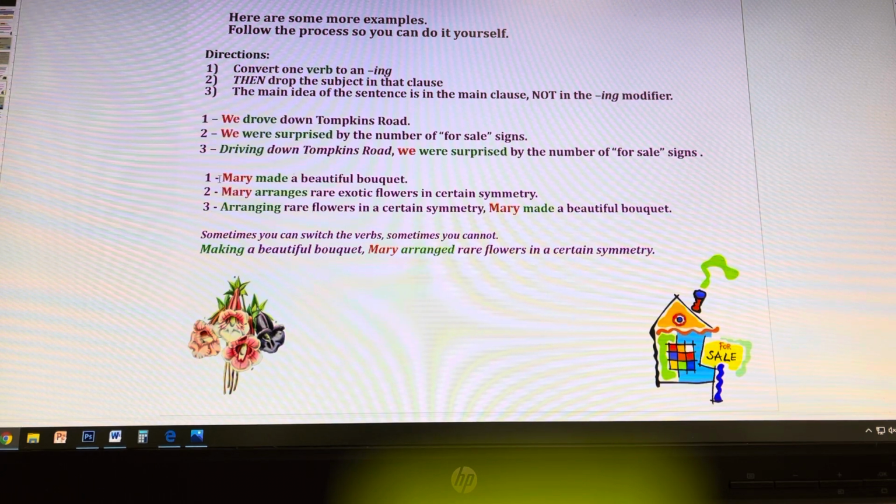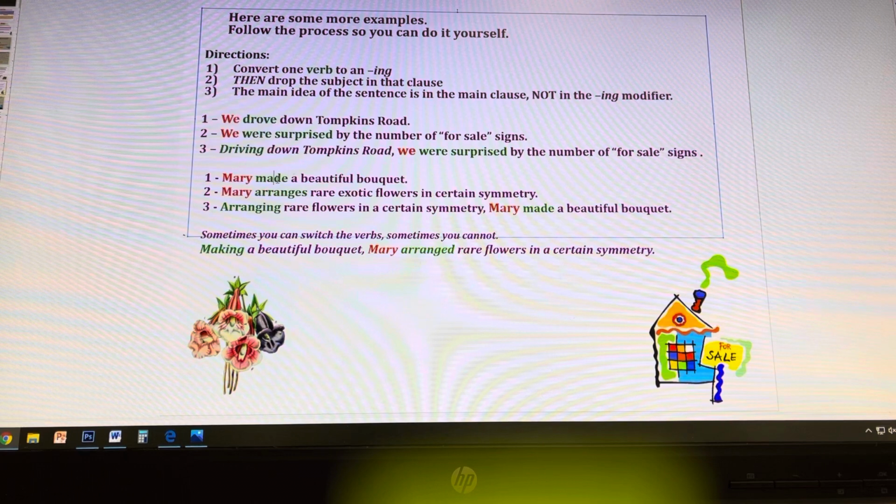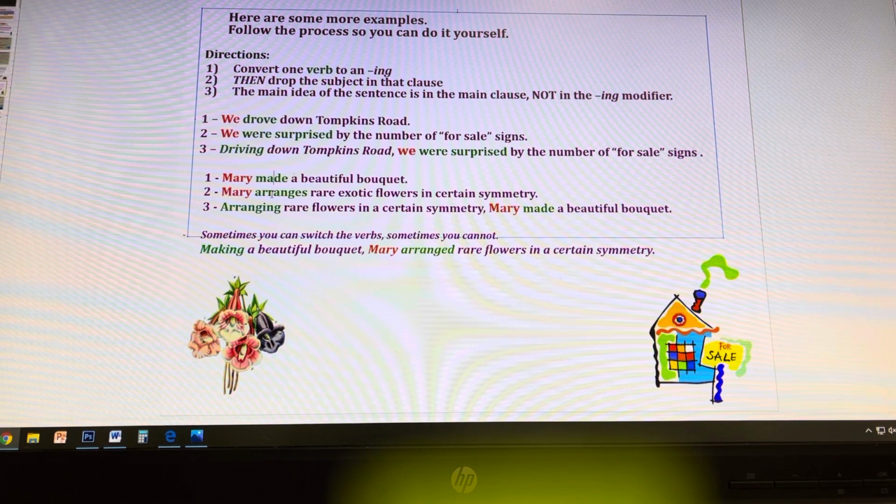Alrighty, next we have made and arranges. Those are our two verbs. We need to pick which one we are going to turn into an ing. In this case, arranging or making. So does it really matter in this case? Sometimes you can switch them, sometimes you can't.